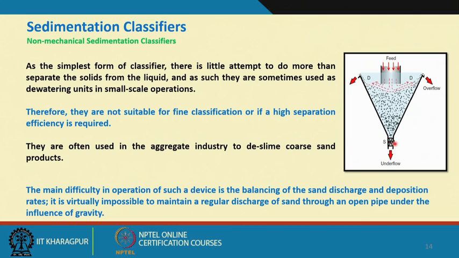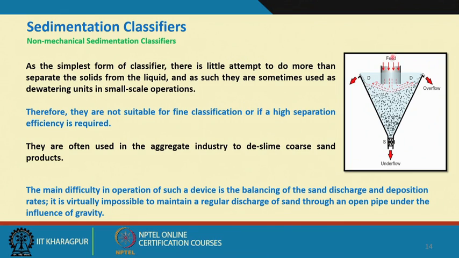But in the older versions, based on the settling velocity principle, you have to operate this valve yourself, that is, you should know when to open it. If the discharge rate of these relatively coarser particles is not balanced with the rate at which you are feeding, then there will be accumulation of particles, your separation may not be accurate, and you may have jamming of this type of classifier.